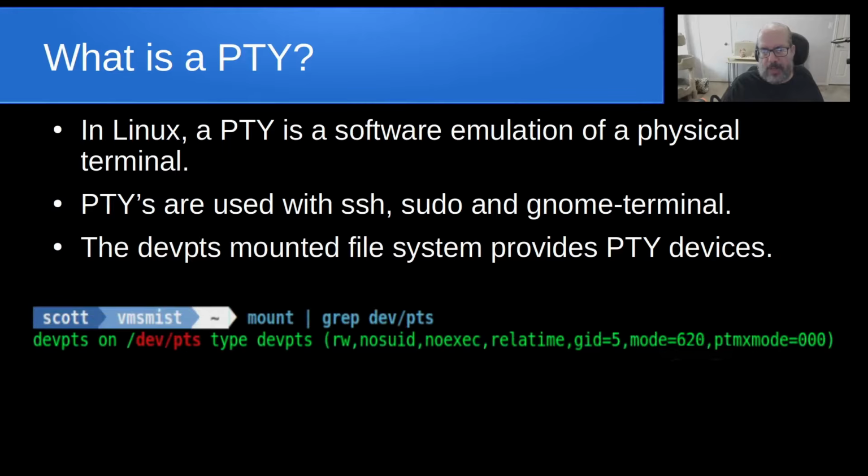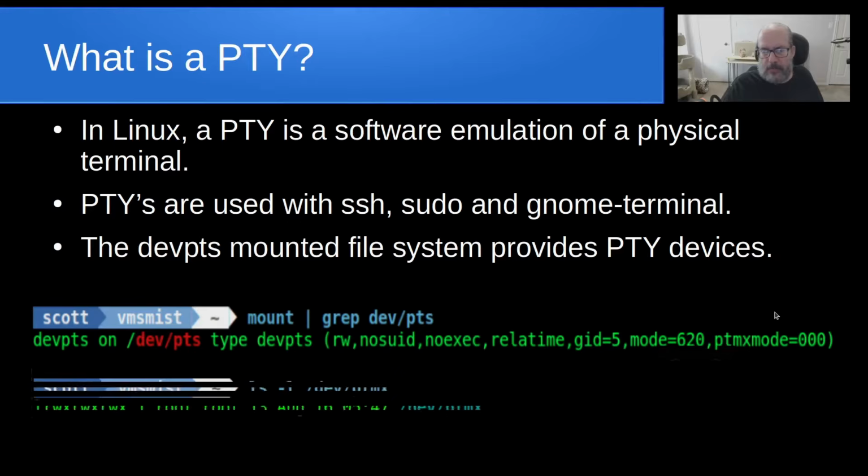And here's an example where I did a mount and I grepped /dev/pts, and here you can see /dev/pts mounted. However, the thing of concern is that over here it says that ptmxmode is equal to 000. More on that later.